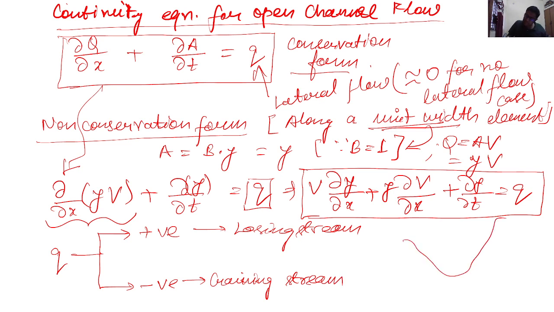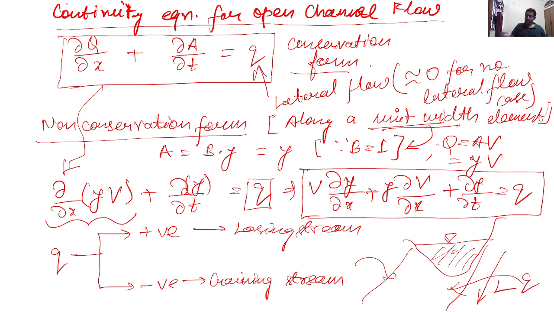So let us suppose the cross section of the open channel will look like this. This is the length of it, and this is the cross section. So if there is an inflow of lateral flow into the system, then we call it a gaining stream.